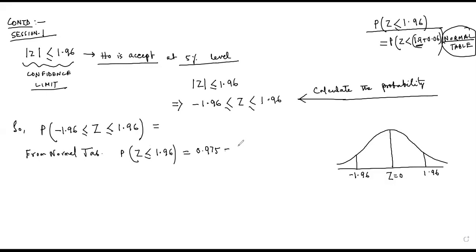What does it mean? It means that z is lying between minus infinity and 1.96, with 1.96 included. So actually I'm considering this region. This region's probability is known to me.